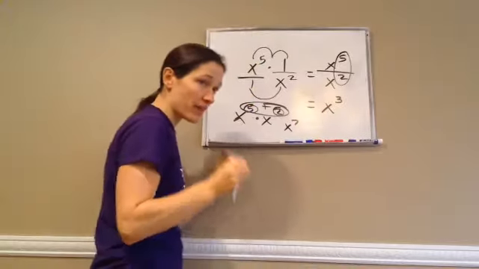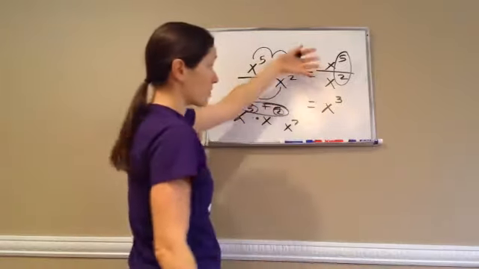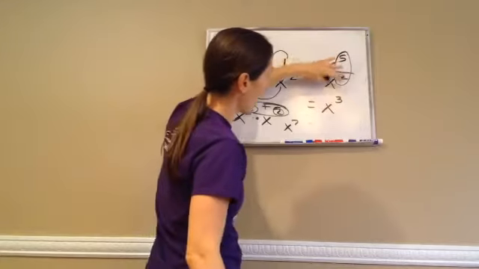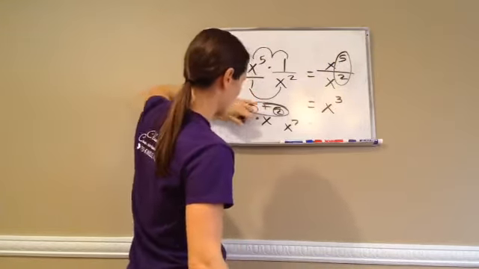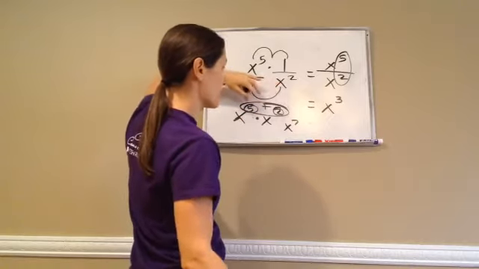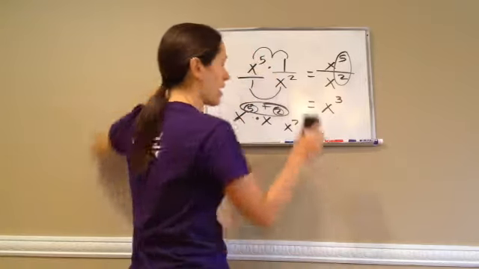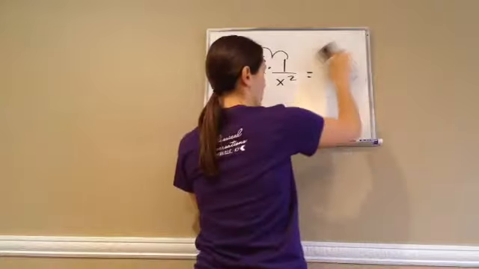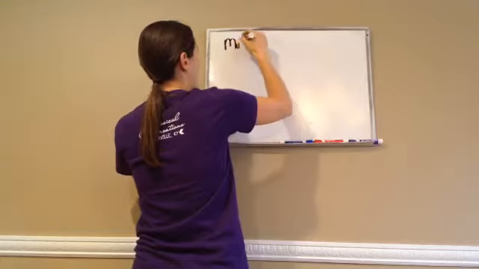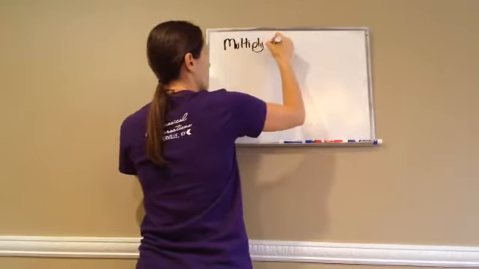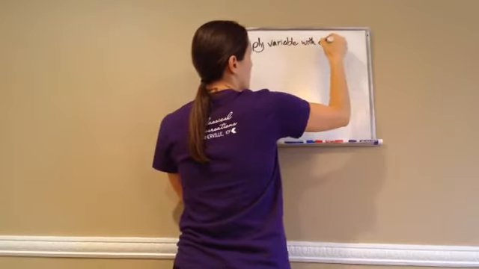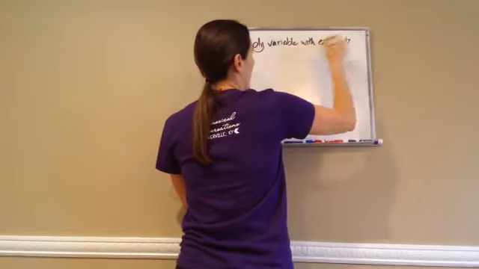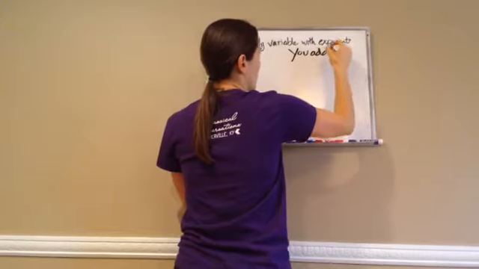It's very, very important for you to know that when you're dividing, you subtract the exponents, and when you're multiplying variables, x and x's, the exponents add. If you want to write that down: when you multiply variables with exponents, you add the exponents.